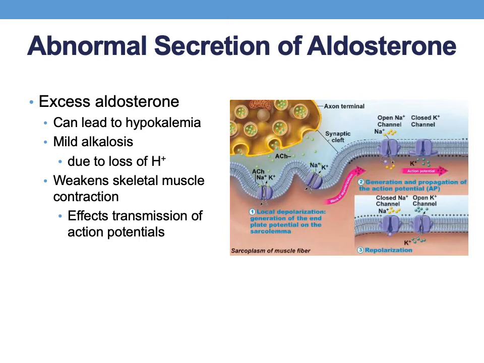This can lead to musculoskeletal contraction weakness and affect transmission of action potentials because these tissues, all body cells, need to have the proper balance of sodium and potassium inside the cell and outside the cell in order for normal depolarization and repolarization of neurons and muscle cells.